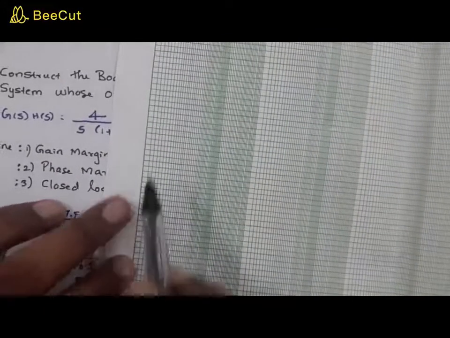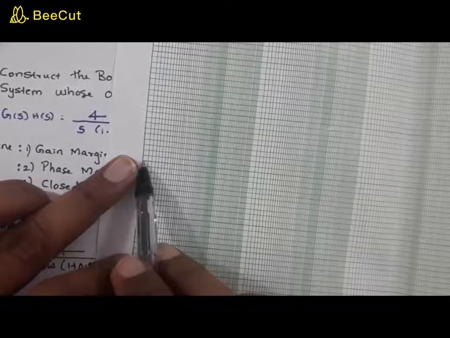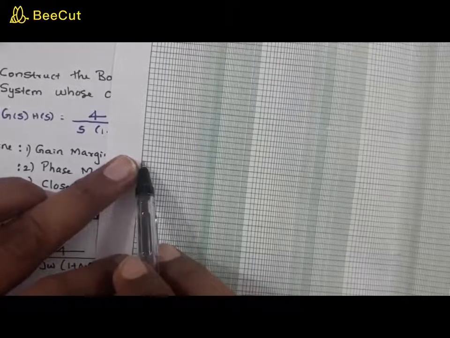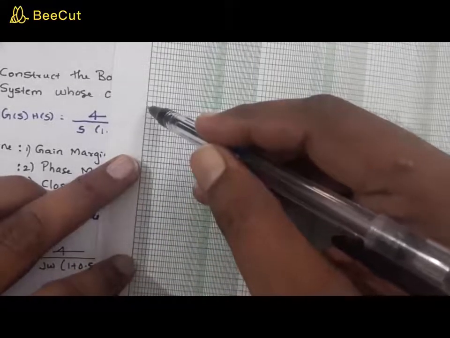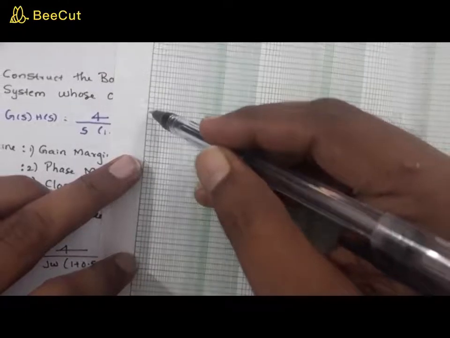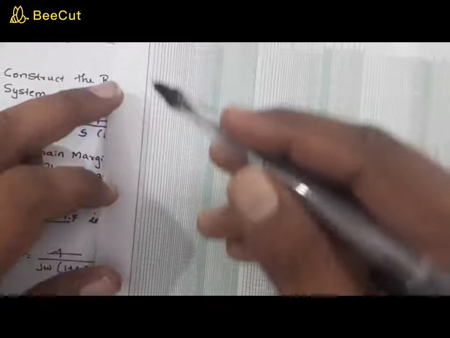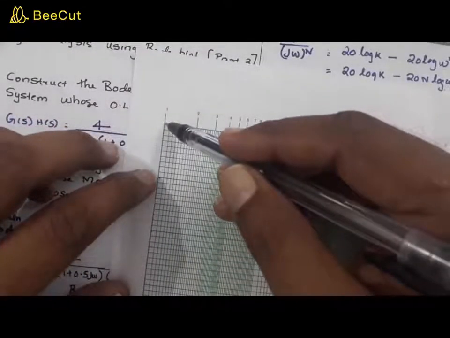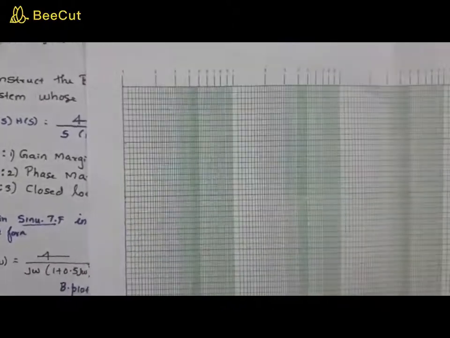Now coming to the vertical axis, you can see that this is a bold line in comparison to the rest of the lines, and the next bold line is this. There are 10 equally spaced divisions from this to this, and from this to this. So this axis is exactly the same as a normal graph sheet.